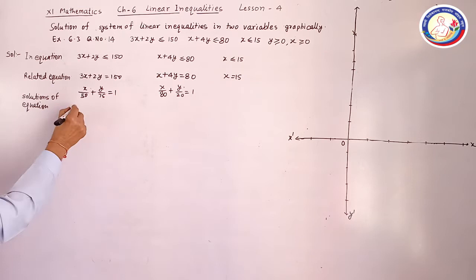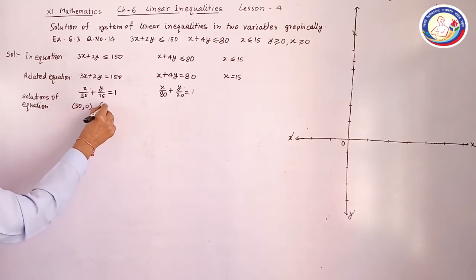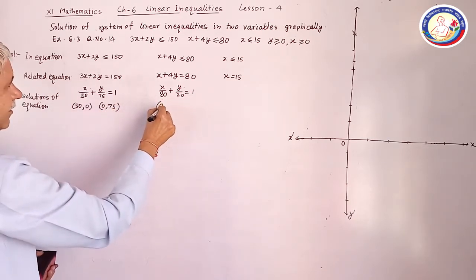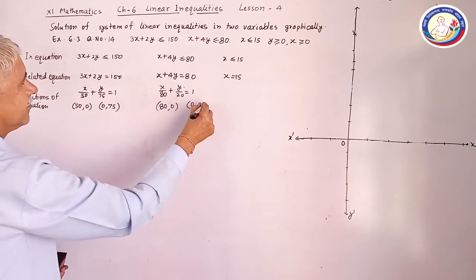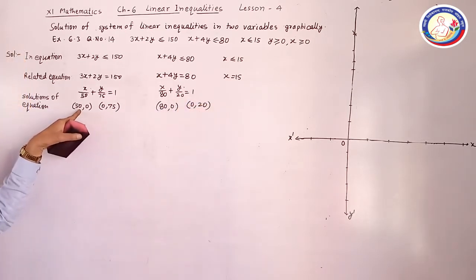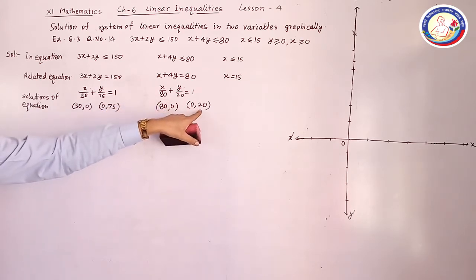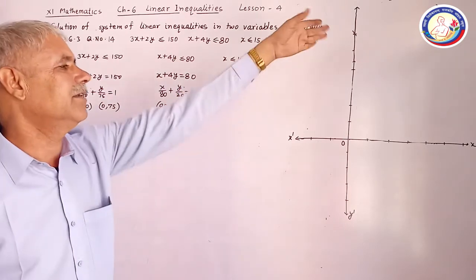Here the points will be 50, 0 and 0, 75. It is 80, 0 and 0, 20. This will be on x-axis, again this will be on x-axis, and on y-axis. So we can draw 2 lines and x equal to 15 can be drawn easily.